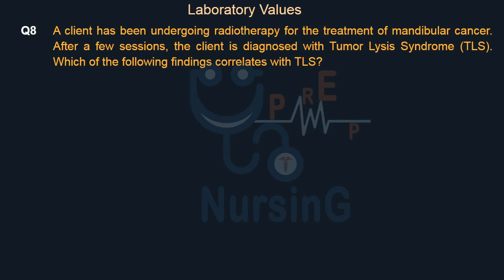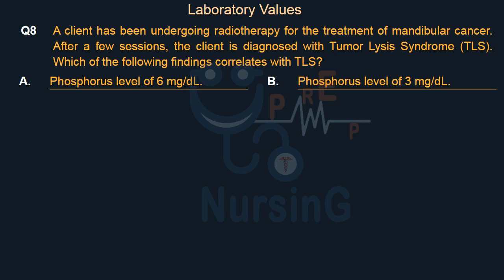A client has been undergoing radiotherapy for the treatment of mandibular cancer. After a few sessions, the client is diagnosed with Tumor Lysis Syndrome, TLS. Which of the following findings correlates with this? Option A, phosphorus level of 6 mg/dl. Option B, phosphorus level of 3 mg/dl. Option C, phosphorus level of 4 mg/dl.